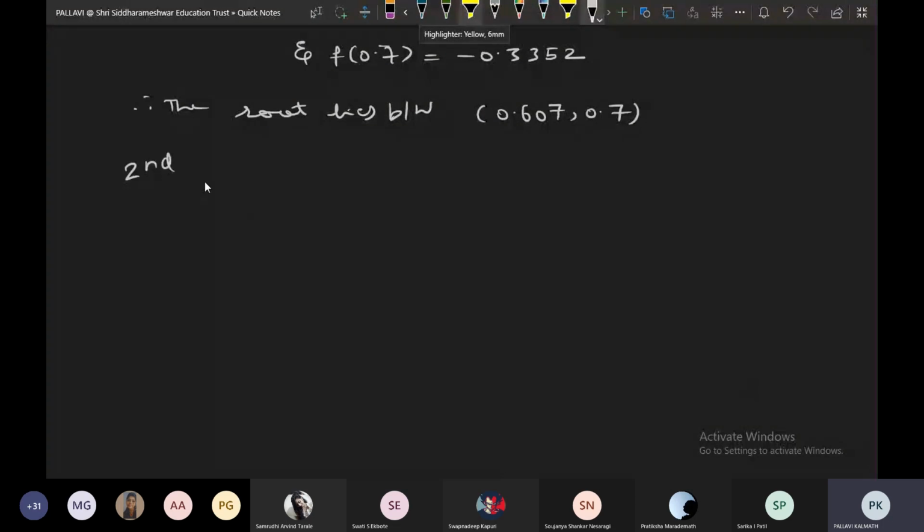Okay, write down second iteration. Let A equal 0.607, B equal 0.7. What f of A did you get?